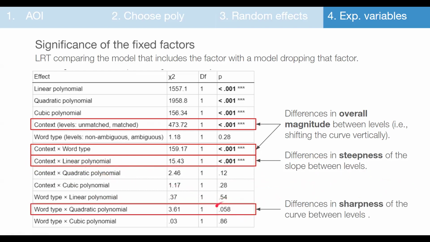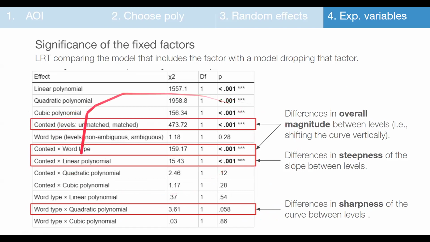And then this is marginal, but I wanted to show you just to talk about the quadratic polynomial. What we see here is that there are differences in the sharpness of the curve between the levels of the word type. We are going to visualize this, so it will be a little bit more clear in a minute.